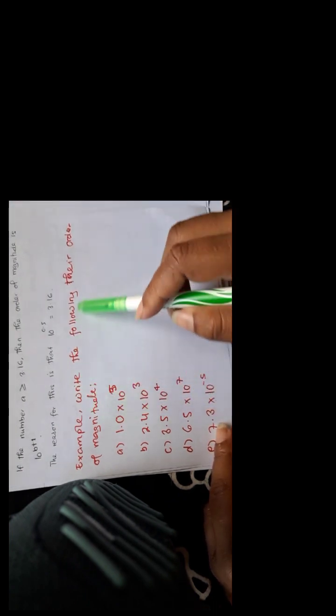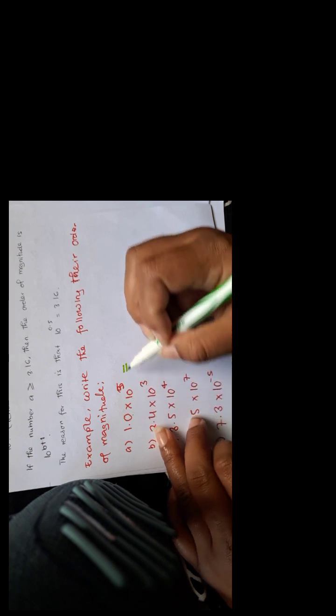We have 5 examples here. It says, write the following in their order of magnitude. First one, we have 1.0 times 10 to the power of 5. So let's go back to the rule.